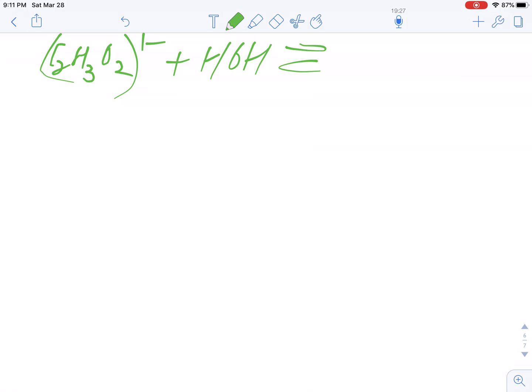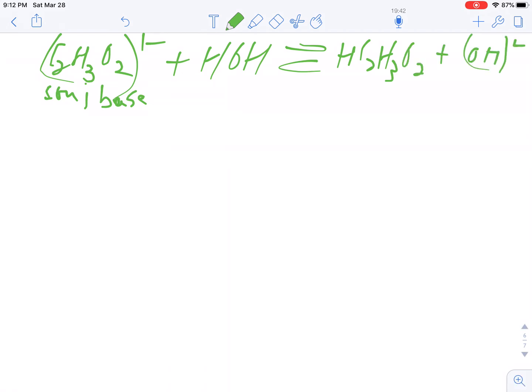It's just floating around in solution. But the conjugate base, as you know, is going to react with the water to do this and produce a base. So at the equivalence point, my pH should be basic. Why? Because I'm producing OH. And now let's prove it.